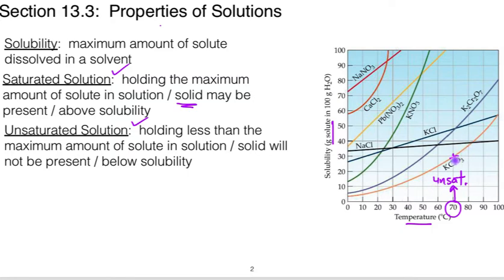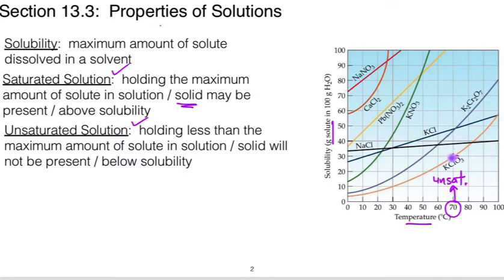Once you've touched that line and then above it, no more solid is going to dissolve. So again, my maximum solubility at 70 degrees is about 30 grams per 100 grams of water. If I add 31 grams, 32 grams, or any amount above that point, it's not going to dissolve.